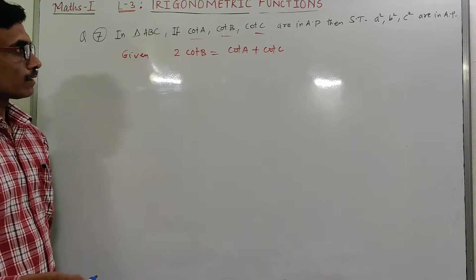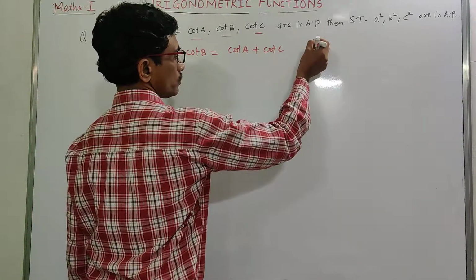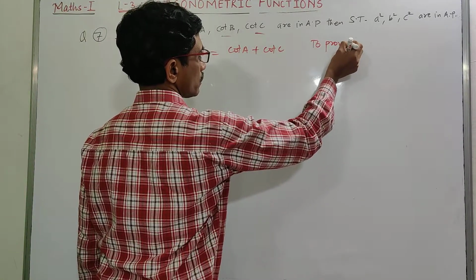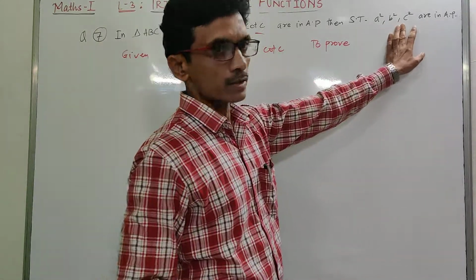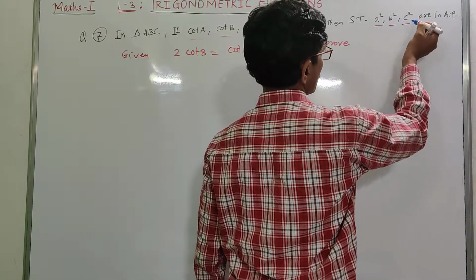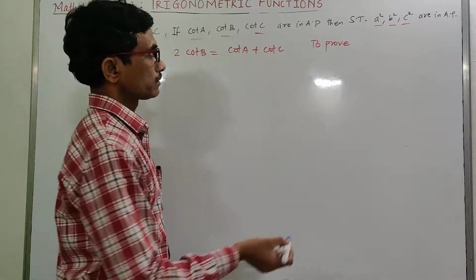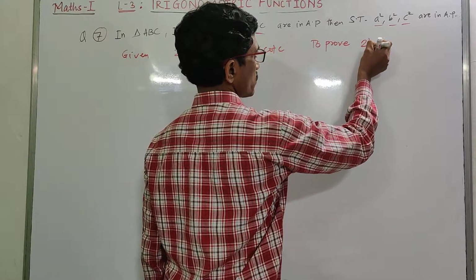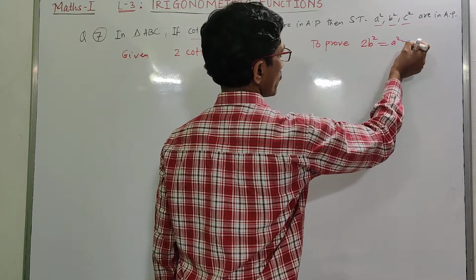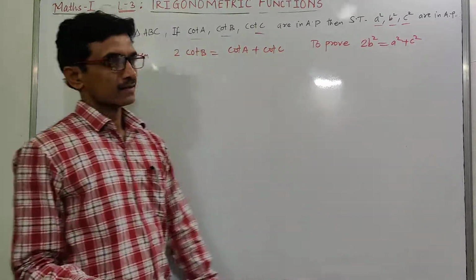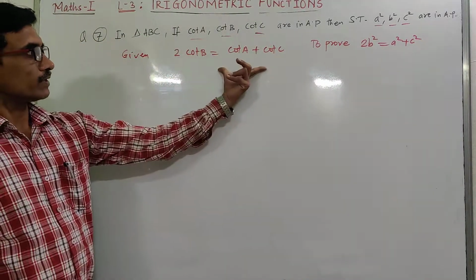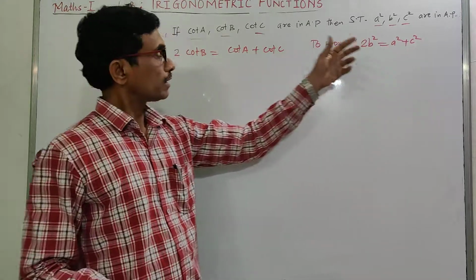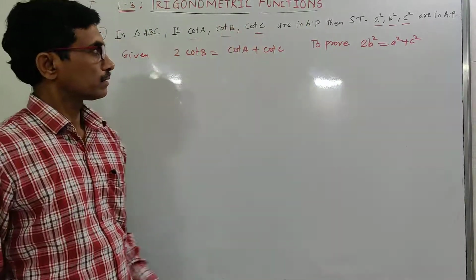Okay. And what to show? To prove A square, B square, C square are in AP. That means we show that 2 times of B square is equal to A square plus C square. Okay. So here this is given and this is to show according to the statement.